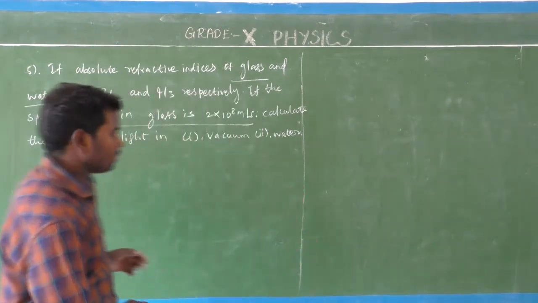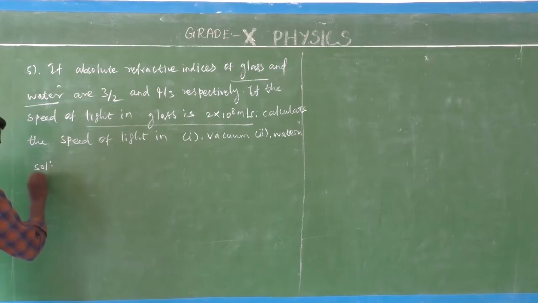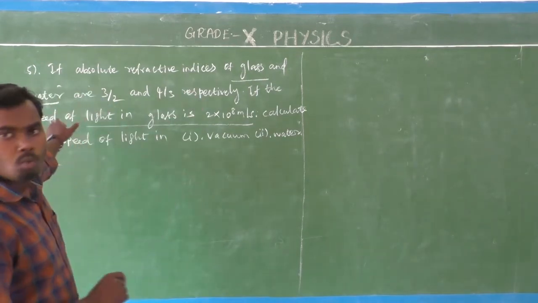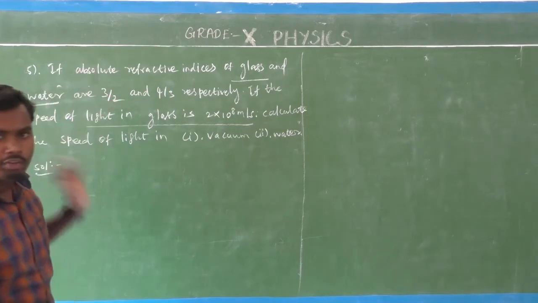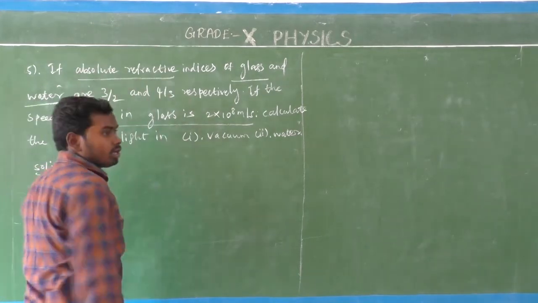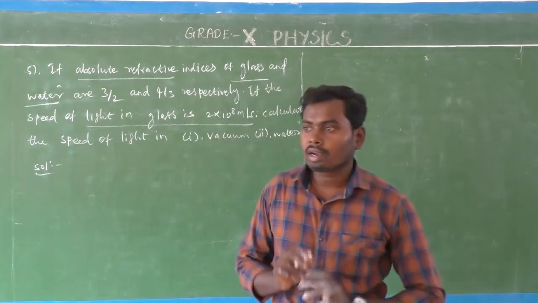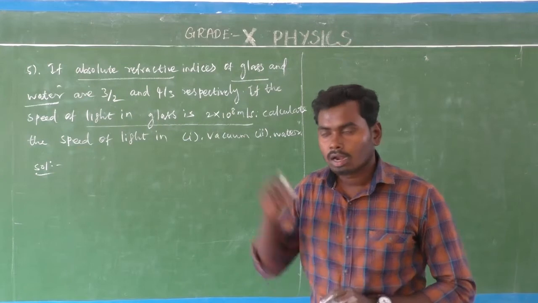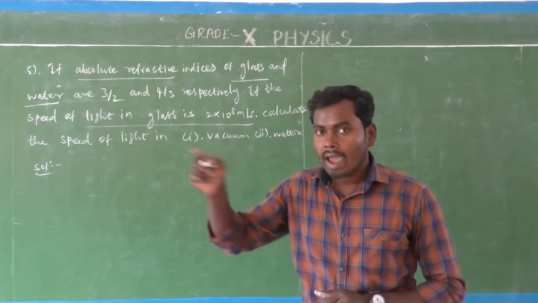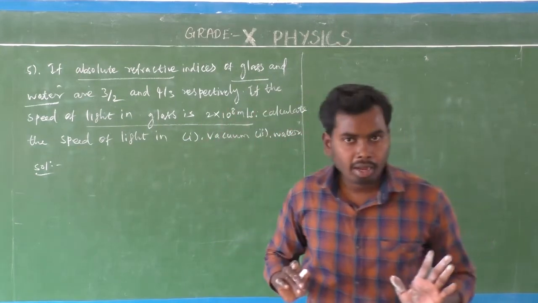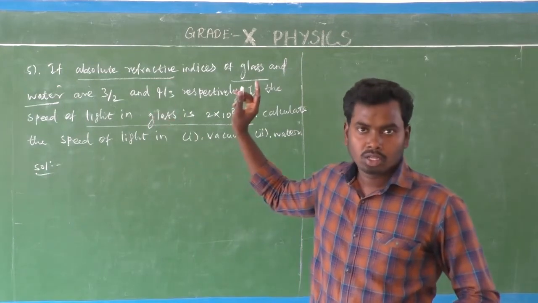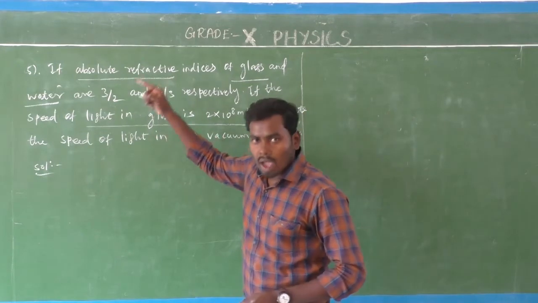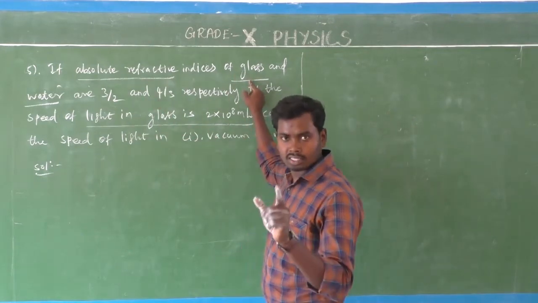You listen carefully. Solution. Here, how many mediums are there? Two mediums, glass one and water one. This is absolute refractive index. In absolute refractive index, light must go from where to where? Light must go from vacuum or air into another medium. Am I right? Because this is absolute refractive index. So here, light goes from vacuum into glass first.